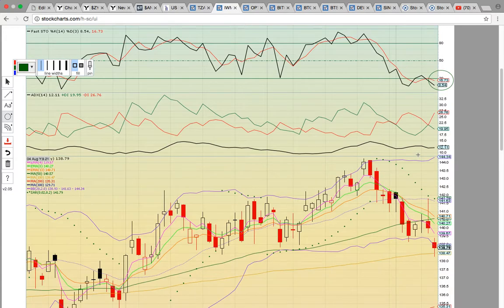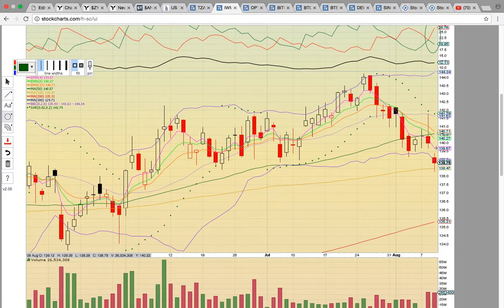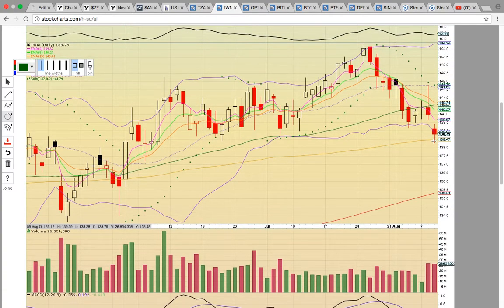You could see here with minus DI breaking out above plus DI and ADX that the bears have taken control. This chart broke down back here when the middle Bollinger Band support level broke, and then it broke 50-day simple moving average support last week.